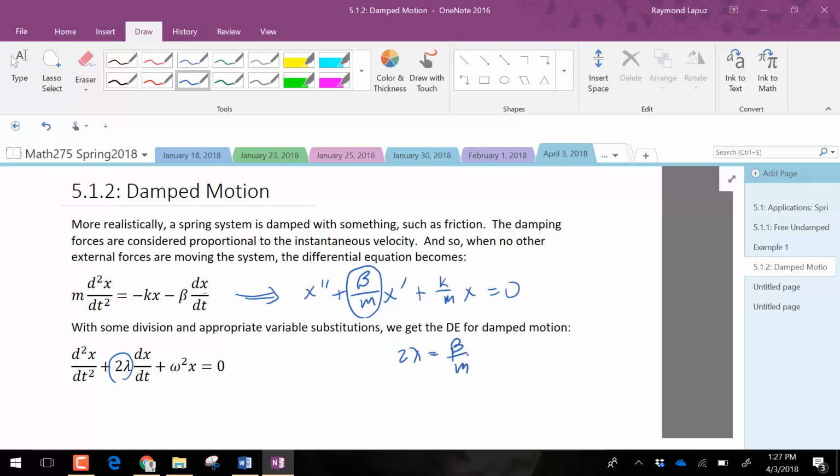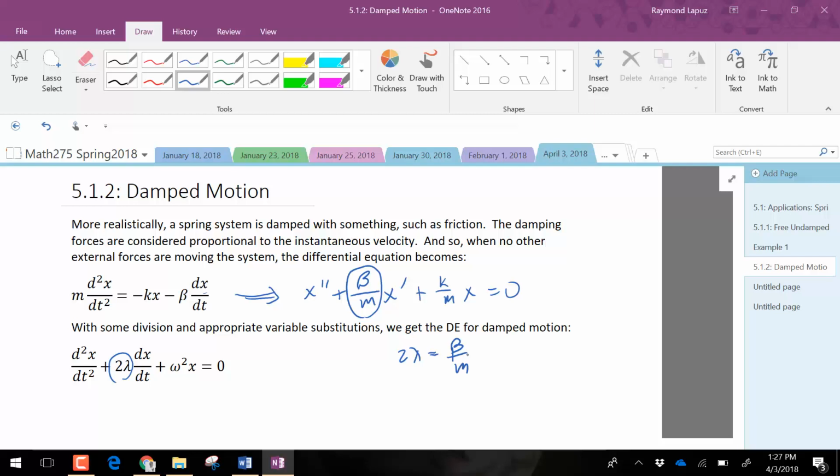Okay, and then this is still just another second order differential equation with constant coefficients, so we still solve it the same way we've been solving it. We would make it into an auxiliary equation, use the quadratic formula to solve for whatever we need to solve for, and then we have our solutions. Now, the interesting thing about this is that we have a set of parameters now, lambda and omega.